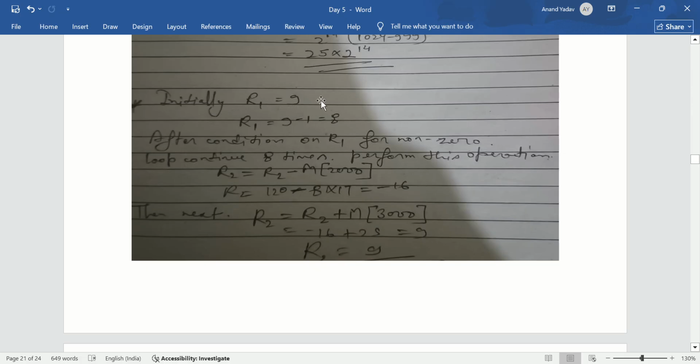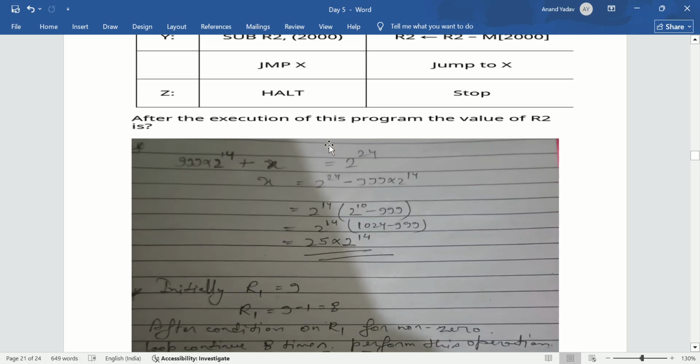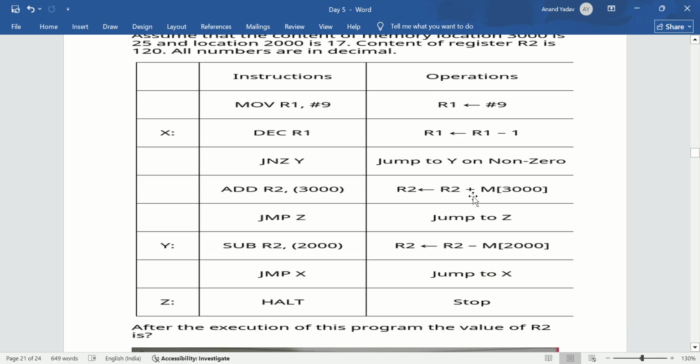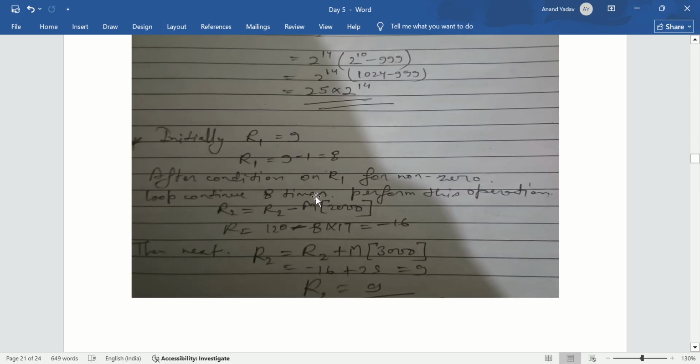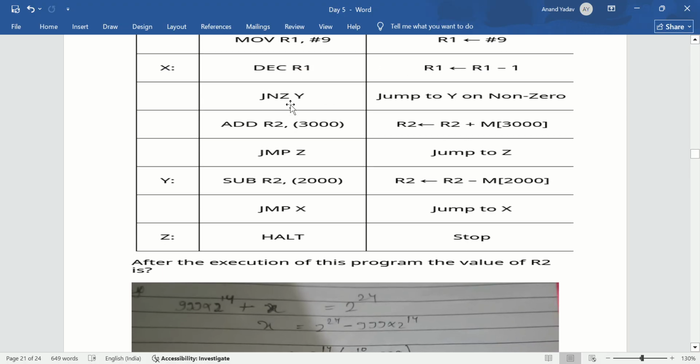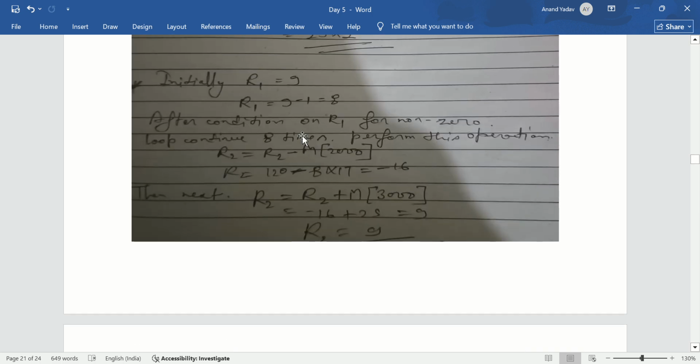Initially R1 is equal to 9. Then decrement R1, and then the condition check: jump if non-zero. If non-zero, jump back, so the loop continues 8 times, which means 8 times minus 17 in R2. R2 contains 120, and 120 minus 8 times 17 is equal to minus 16.